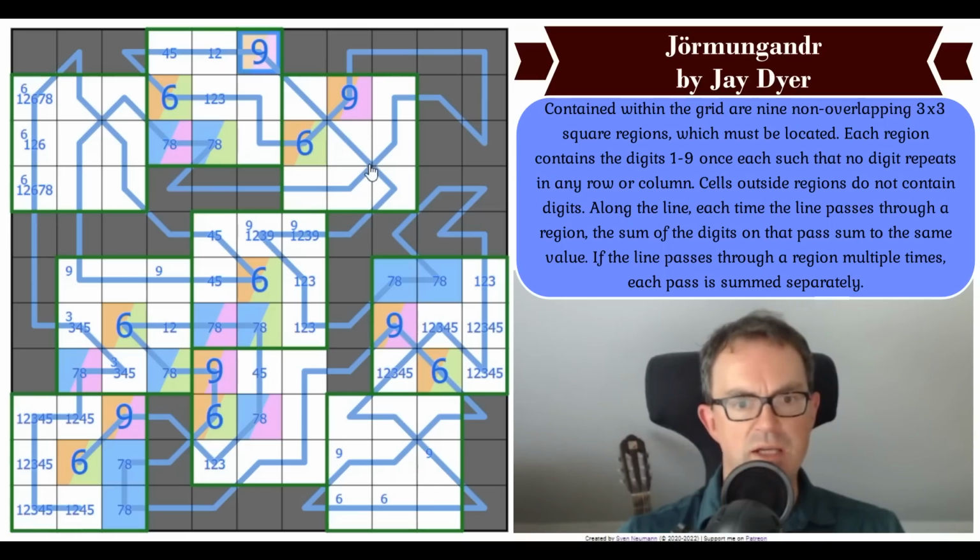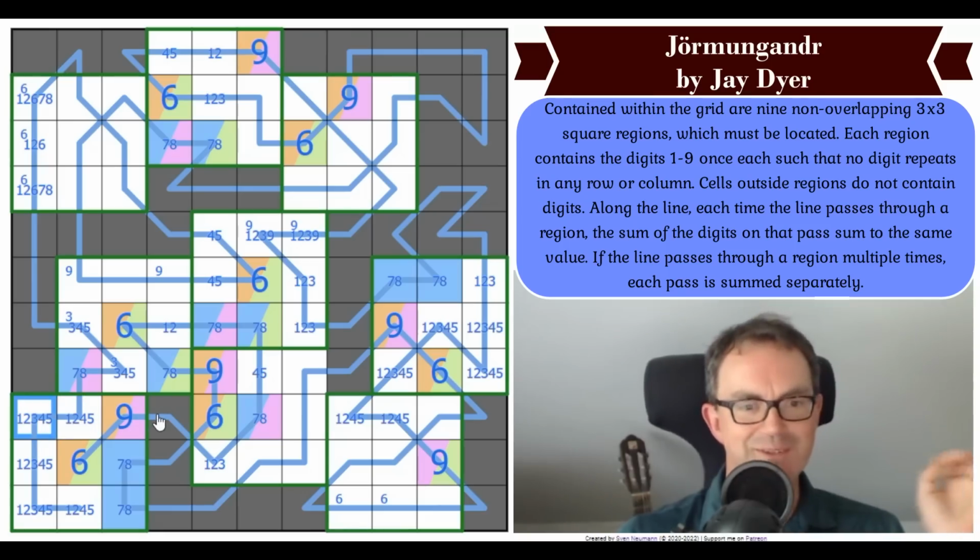So now 9, 9 is not there anymore. And, oh, botheration. I don't think I can get the 6, but I can get the 9. And I will take that with gratitude, as I just explained. Now these squares have got to be 1, 2, 4, and 5, because they must add up to 6, which means, oh no, I thought that was a quadruple, but that can be a 3.